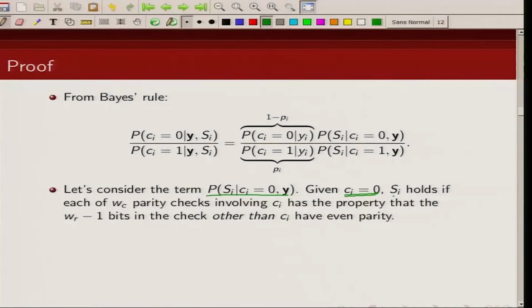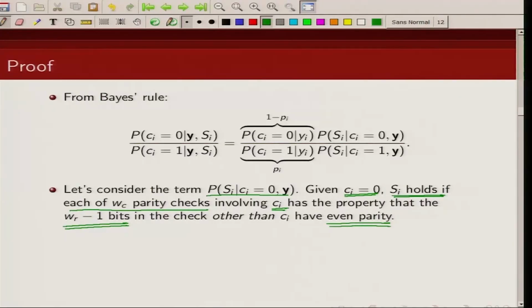So, this event will be satisfied if each of these parity check equations where Ci is involved, other than this Ci bit, if all other bits involved in the parity check equation, in case of a regular LDPC code, that number is WR minus 1, if all those bits have even parity, because Ci is 0, so the other bits should have even parity, then only the parity check equation involving Ci will be satisfied.